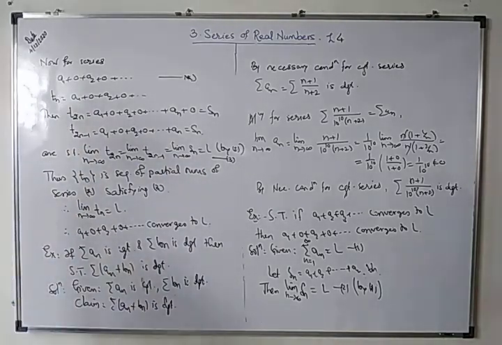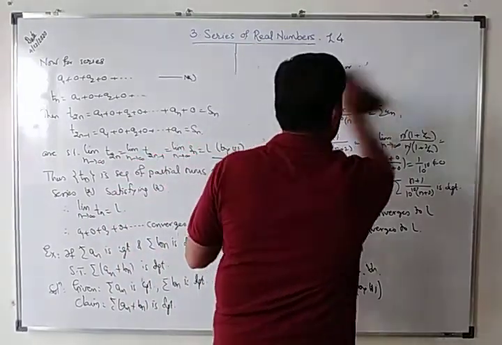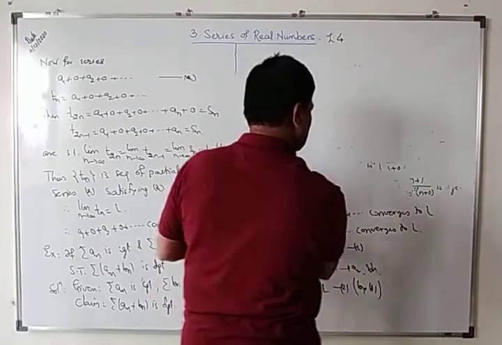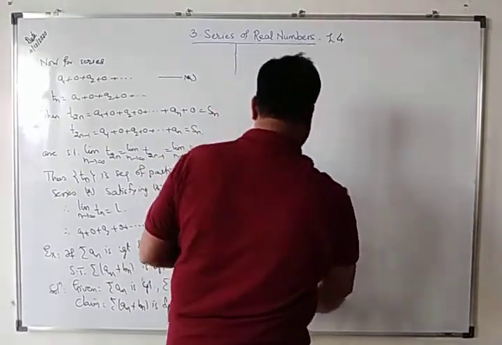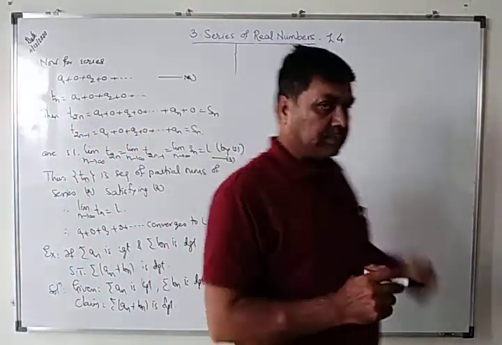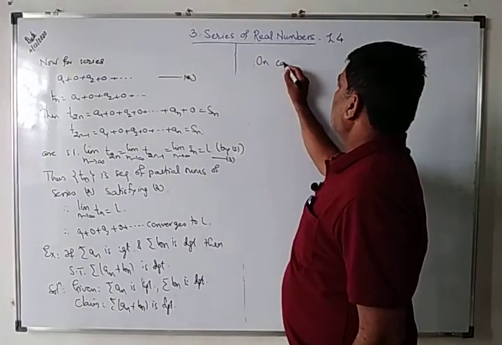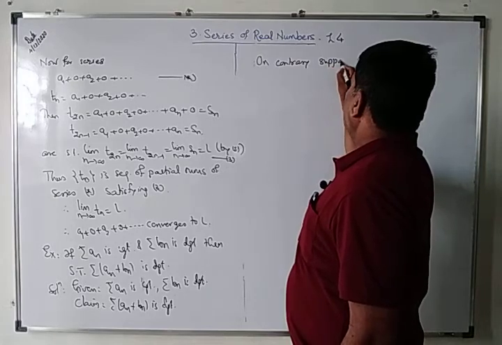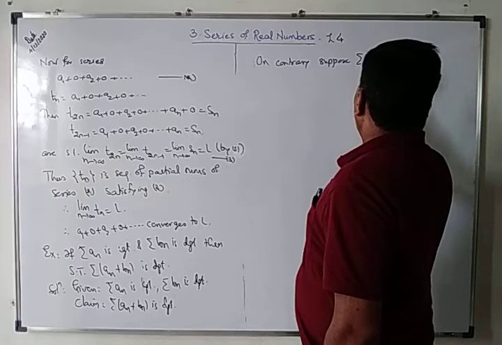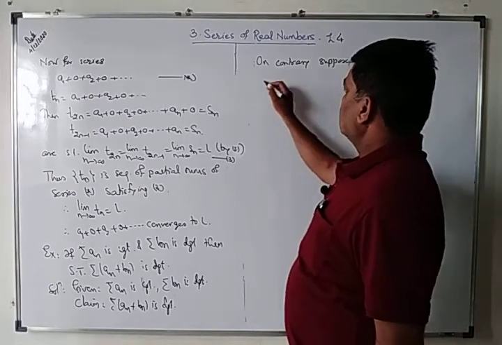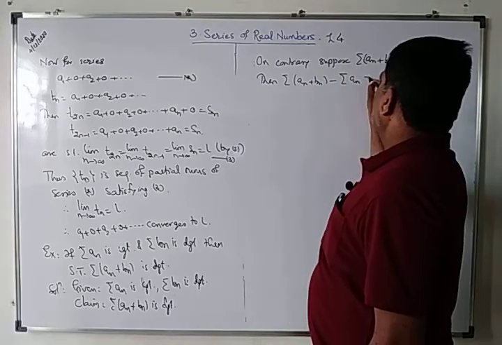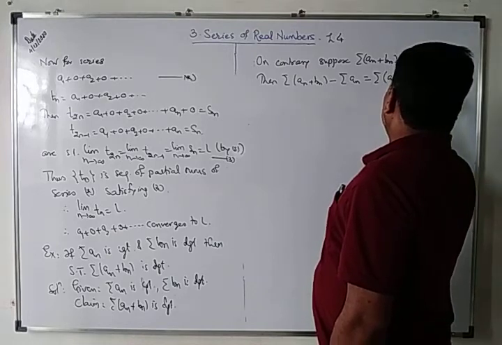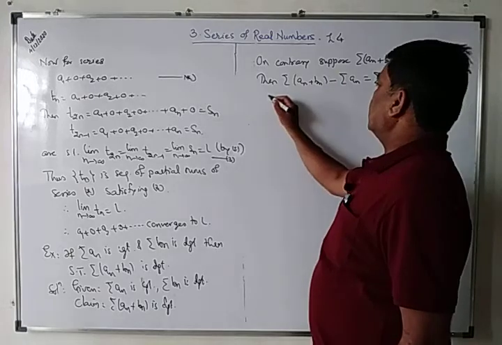On the contrary, suppose summation of an plus bn is convergent, then summation of an plus bn minus summation of an is equal to summation of an plus bn minus an, which is equal to summation of bn, which is convergent.